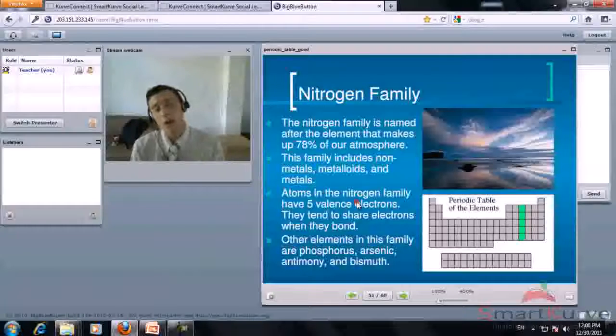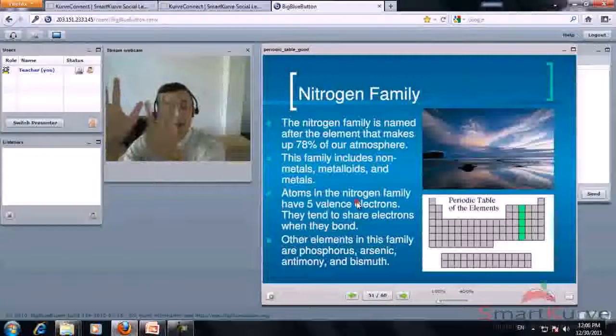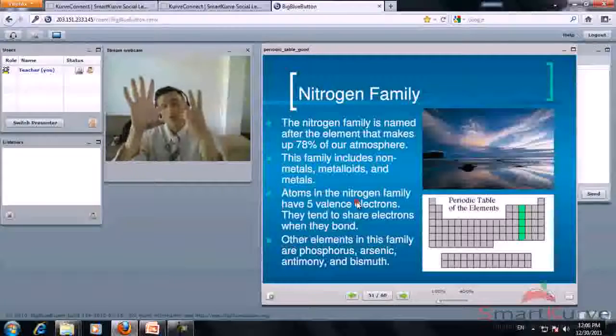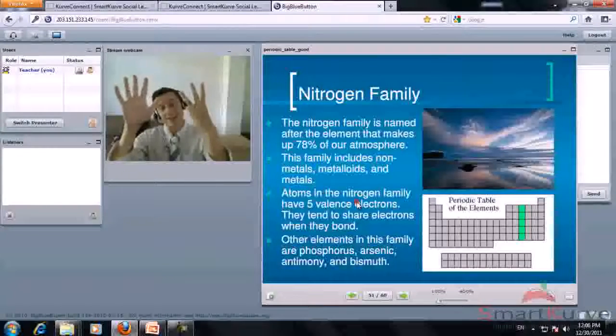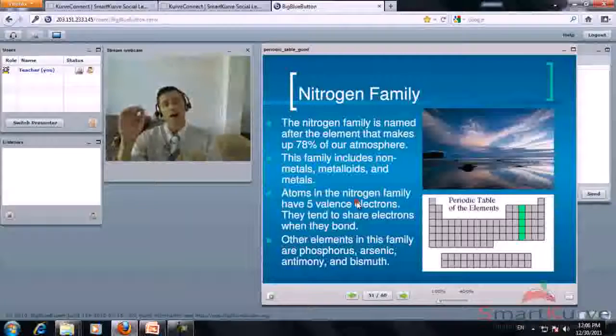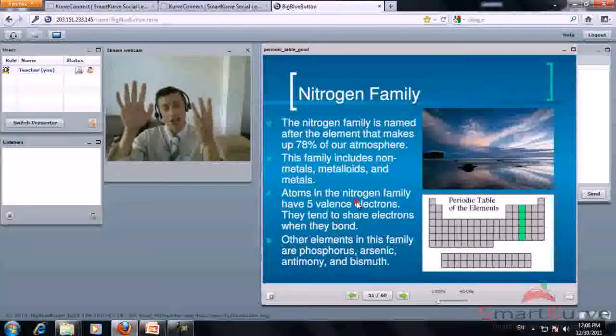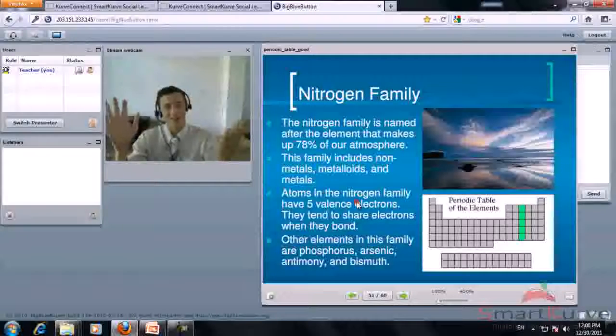So the 3 hydrogens bring in 3 electrons, so nitrogen ends up with 8 valence electrons. And the nitrogen shares 3 of its electrons with the 3 hydrogens. So the hydrogen atoms all end up with 2. By sharing electrons, they're all happy.